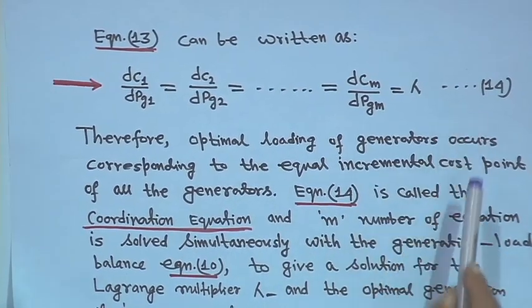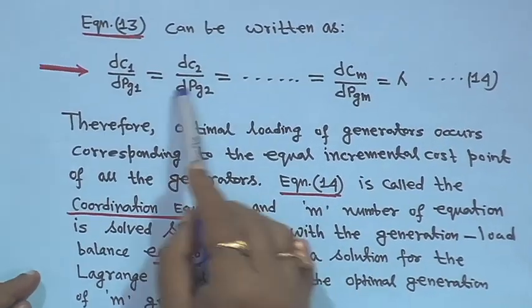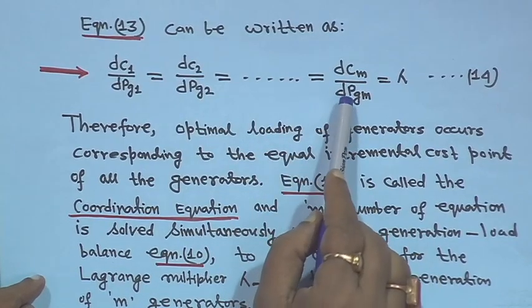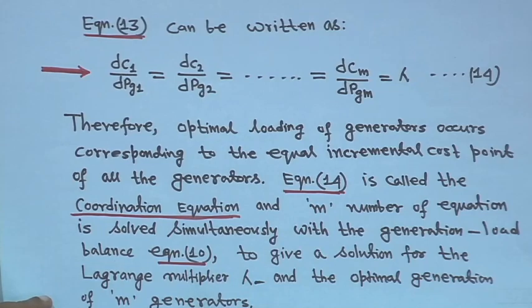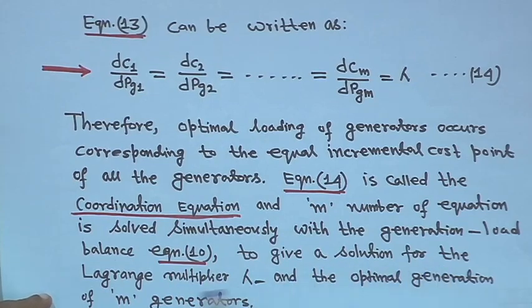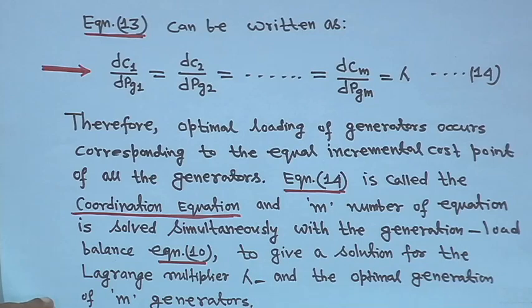That is equation 14, called the coordination equation. The m number of equations, if solved simultaneously with the generation load balance, that is equation 10, give a solution for the Lagrange multiplier lambda and the optimal generation of the m generators.